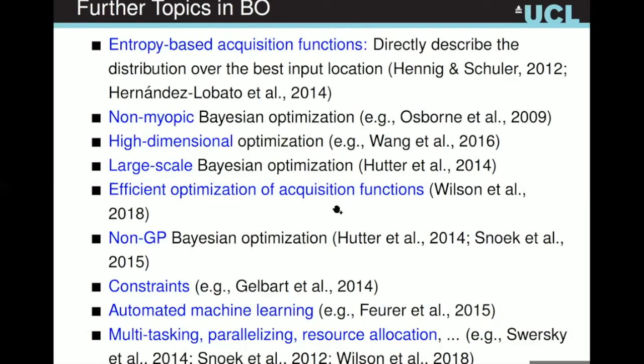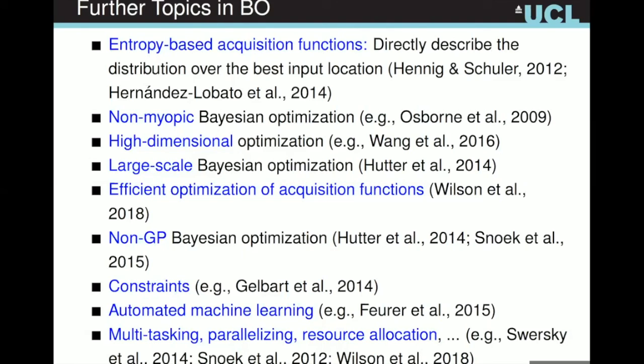Then there's work on efficiently optimizing acquisition functions. So instead of having a grid, what you can do is randomly sample maybe 10,000 points in your parameter space and then run a local gradient descent from each of these points to find the best value of the acquisition function.